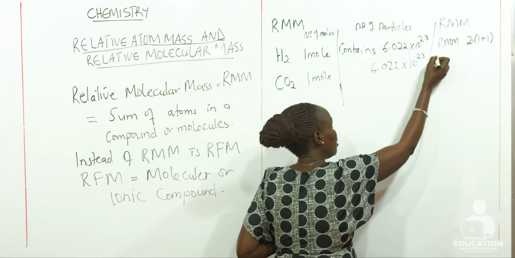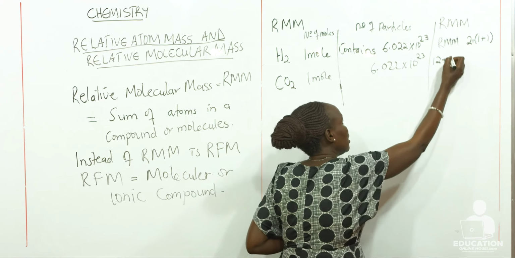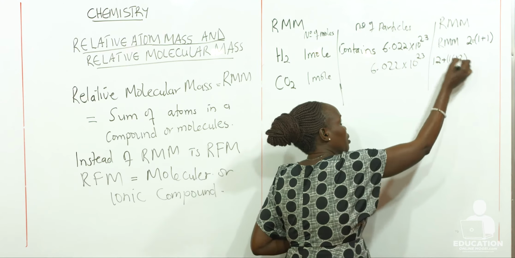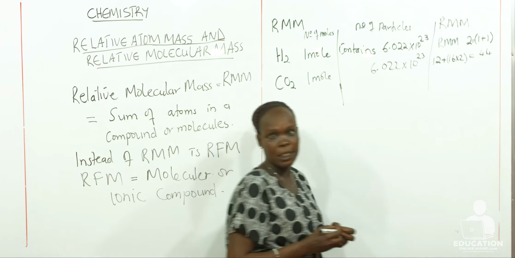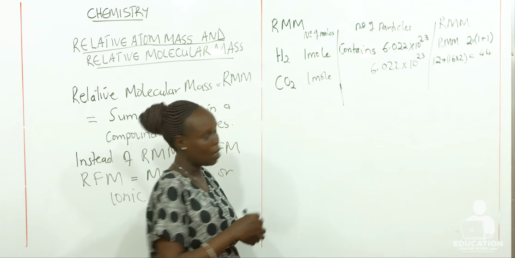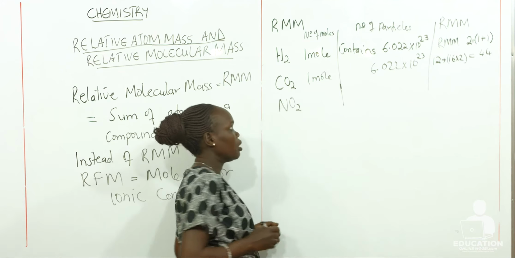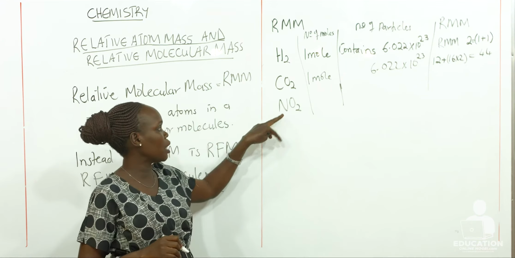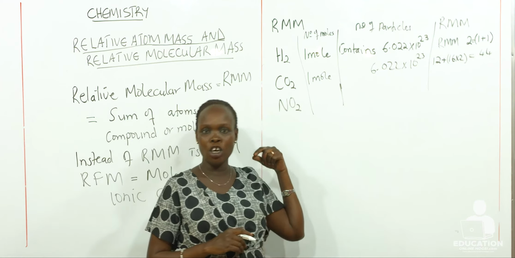So how does this 44 come about? We say 12 plus 16 multiplied by 2. Then we shall have 44, which is the relative formula mass for this compound. Again, when you have nitrogen dioxide, this molecule is formed from 2 types of atoms, nitrogen and oxygen.